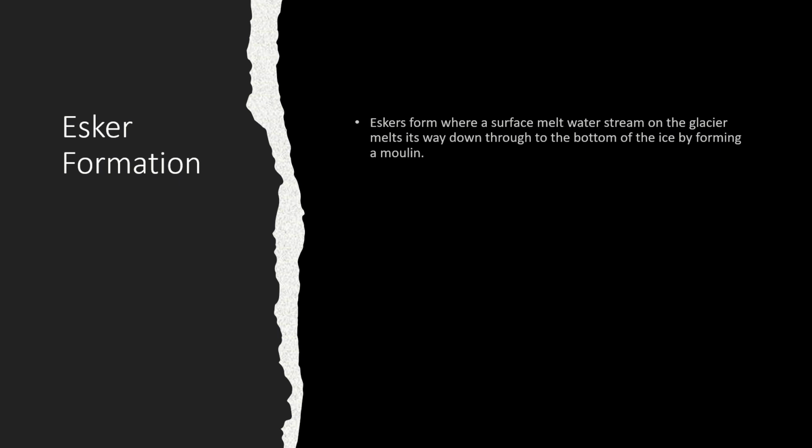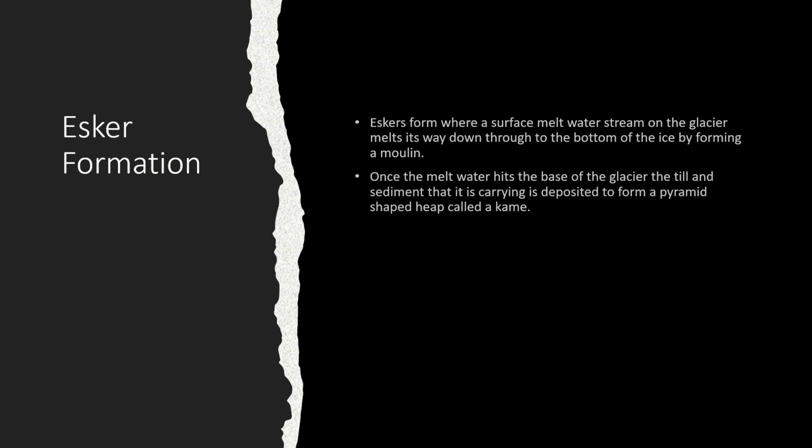So, on the surface of the glacier, there's melted water, and it flows and eventually melts its way down to the bottom of the glacier, and doing that means that it has created a moulin, a hole cut down through the ice to the bottom of the glacier.